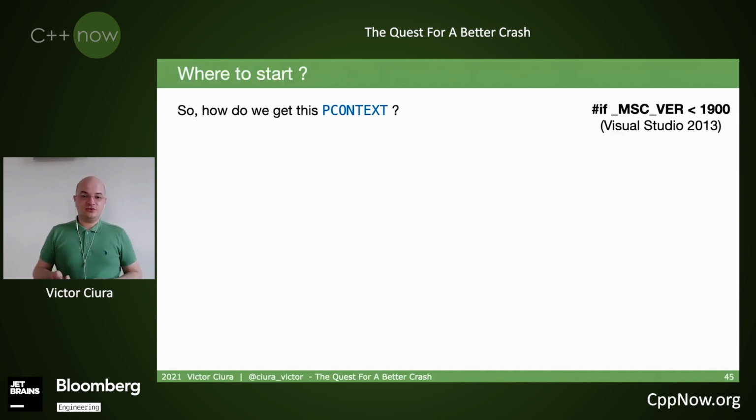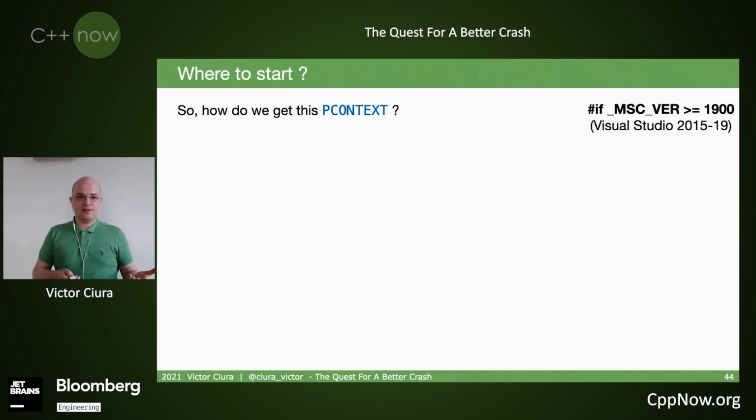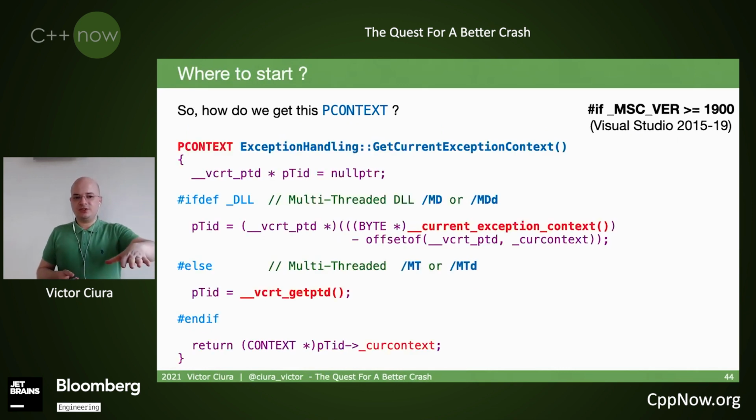For older CRT versions, if that's still the case, some of you might need to build with an older CRT. There's a slightly different CRT function to get this context. On both the older and the newer CRT version, it's different if you're building a multi-threaded DLL or a multi-threaded application.